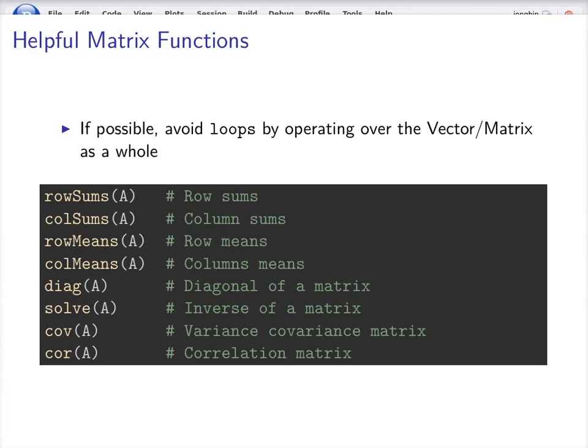Something less obvious is matrix functions. If you want to sum the numbers in each row, you can do row sums. If you want to sum the numbers in each column, you do column sums. You have the same thing for means and so forth.